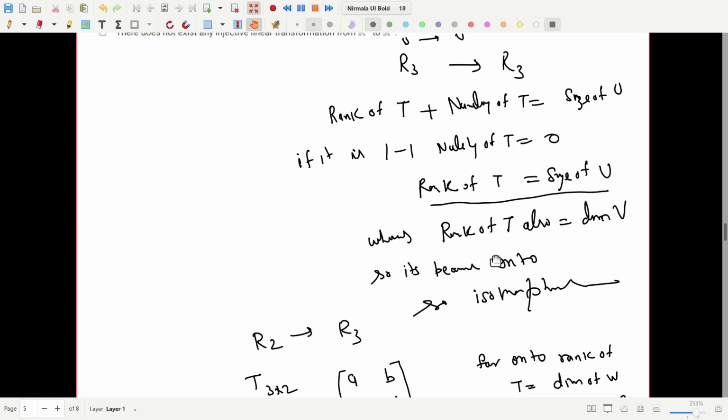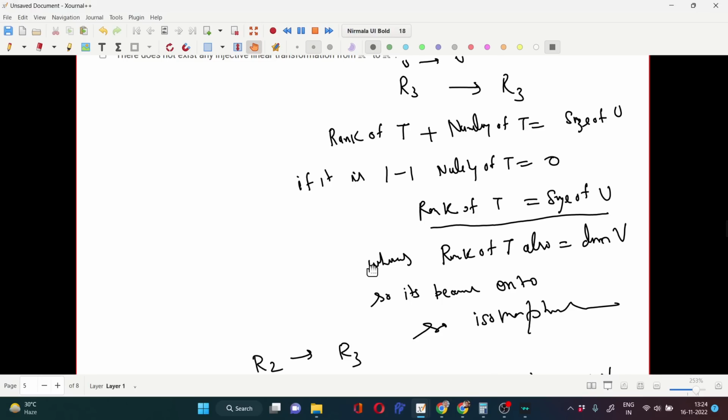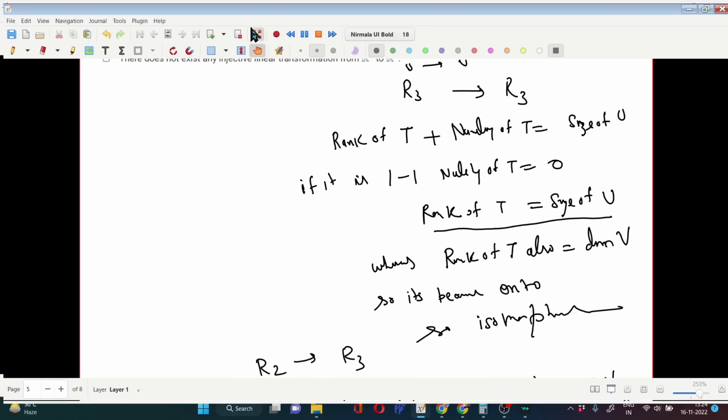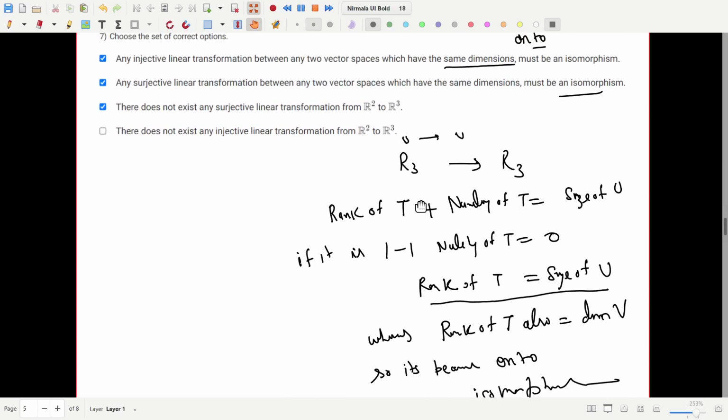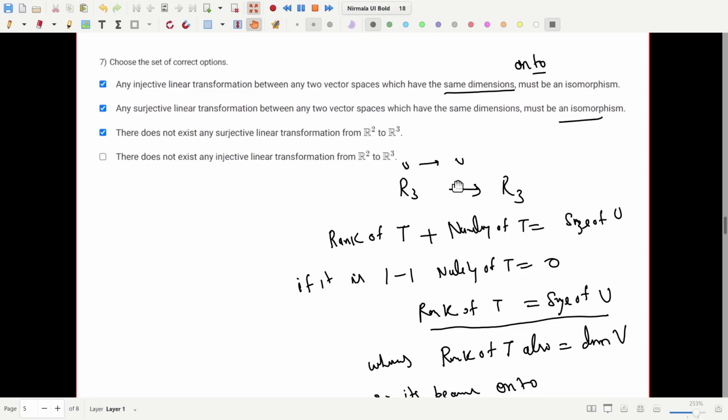So it is an isomorphism. Understand? For onto, the rank of T should be equal to the dimension of V. And here, in the 1-1 case, the rank of T is equal to the dimension of U. So the dimension of U is equal to the dimension of V. So if it has the same dimension and is 1-1, then it will be onto also, then it will be an isomorphism.